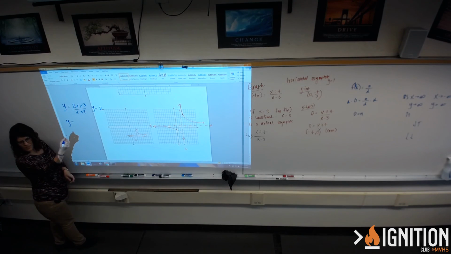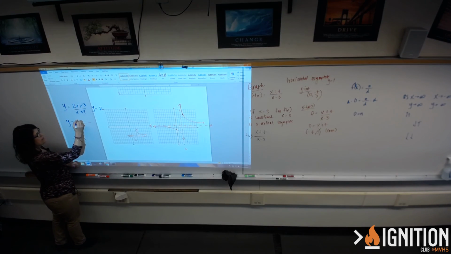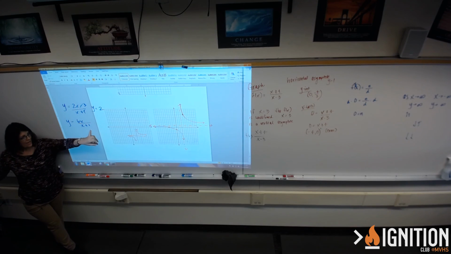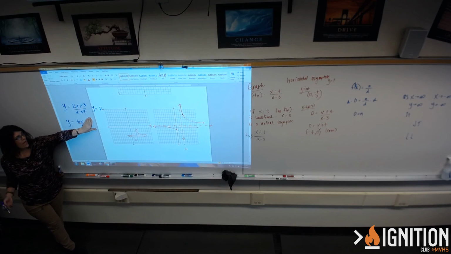Something about 6, I want to say. 6x over 1, let's say. When x is approaching infinity, does plus 1 really matter? No. Infinity plus 1, who cares? So you're pretty much left with 6.